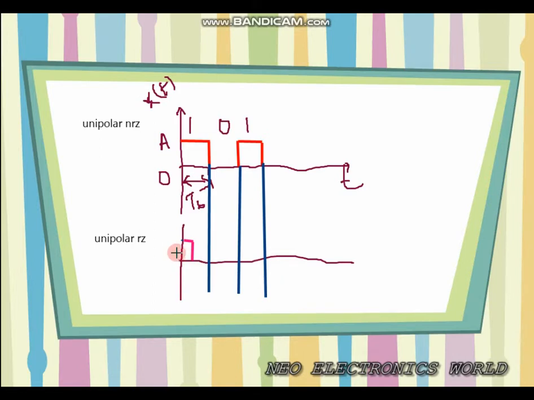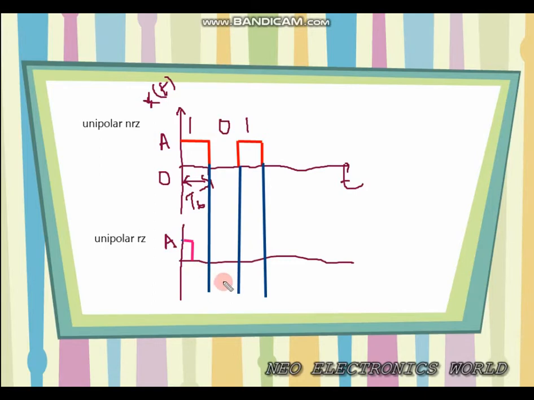This is the 1 here, for TB by 2. Till TB by 2, the amplitude will be A. I forgot to write this here. Amplitude is A till TB by 2. This is TB, then this is TB by 2.